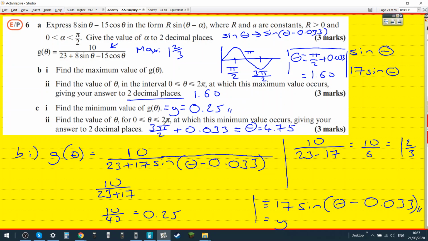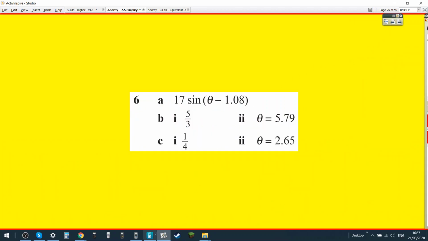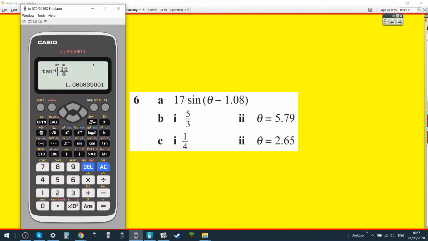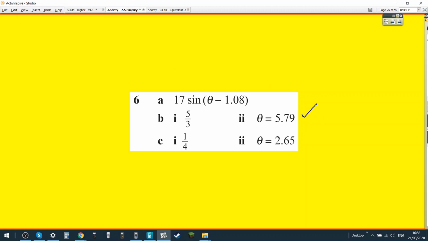So try 3 pi over 2 plus 1.08. Okay. So answer plus, I got 5.79. Yeah, so 5.79. And so if we just use 1.08 instead of 0.033, we've got the same thing.